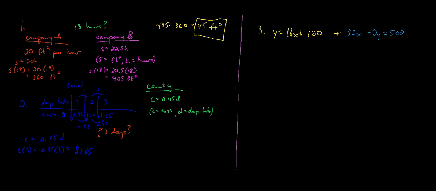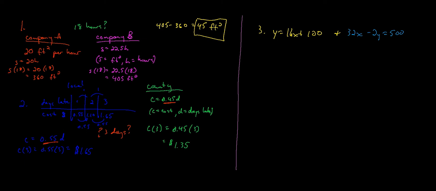And comparing the rates, with the local library, we're looking at 55 cents per day. And with the county library, we're looking at 45 cents per day. And for the cost of 3 days for the county library, we're looking at 0.45 times 3, which equals $1.35.